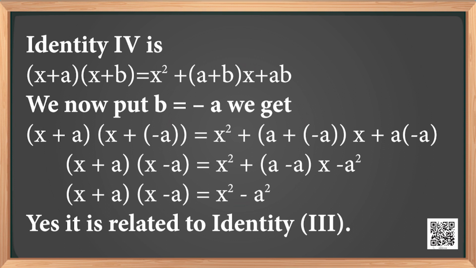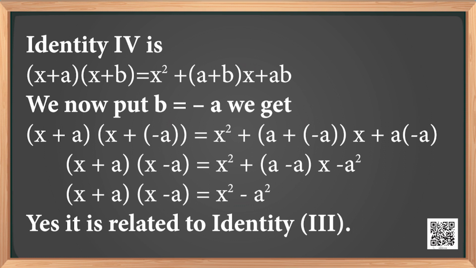We now put b is equal to minus a, we get (x + a) into (x + (minus a)) is equal to x square plus (a + (minus a)) into x plus a into minus a. (x + a) into (x − a) is equal to x square plus (a − a) into x minus a square, that is equal to x square minus a square.